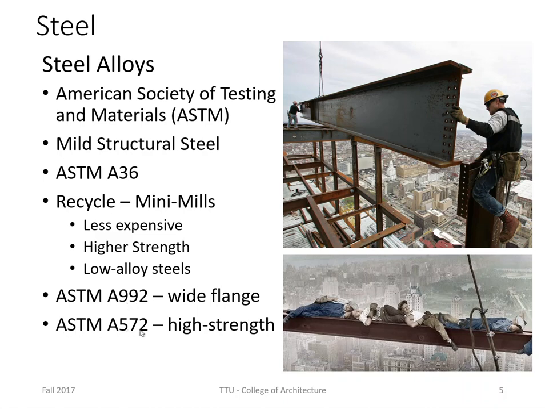ASTM A572 is for very high strength steel used in conditions like bridges and stuff like that, where you may have a lot of dynamic load. The thing you need to know is just that there are different steels that are made by adding different levels of manganese, phosphorus and other things, and that those standards are set by the American Society of Testing and Materials.